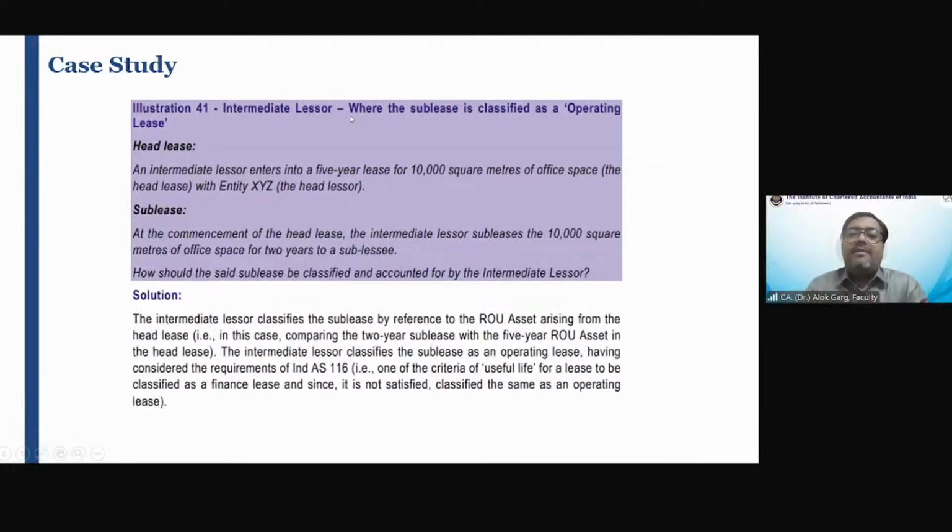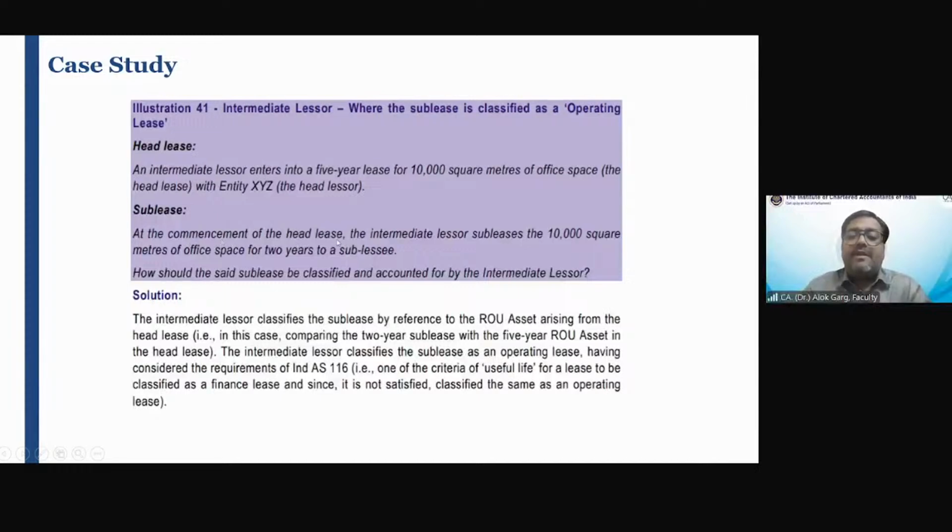Where the intermediate lessor's sublease is classified as an operating lease. An intermediate lessor enters into a 5-year lease for 10,000 square meters of office space, the head lease, with entity XYZ, the head lessor.